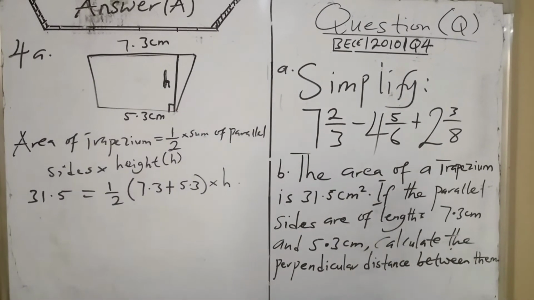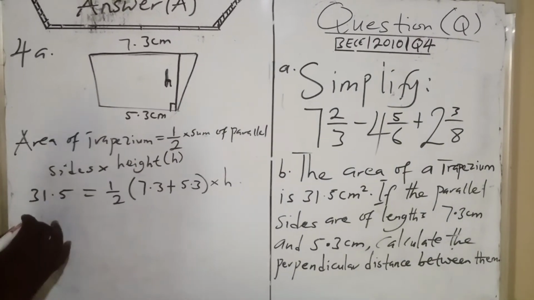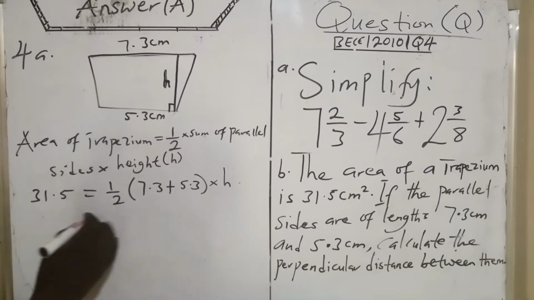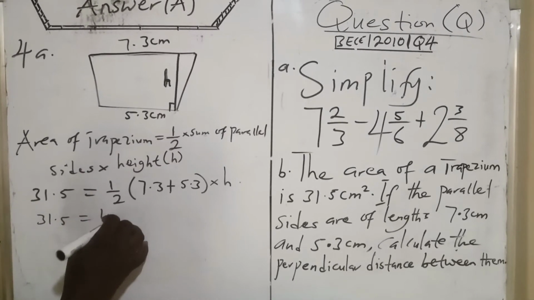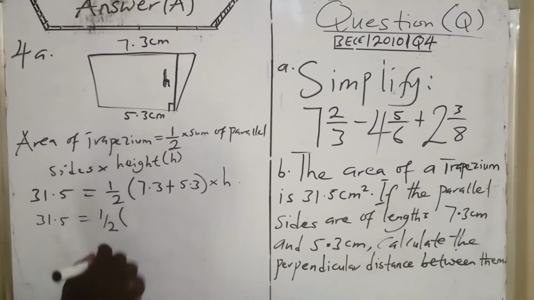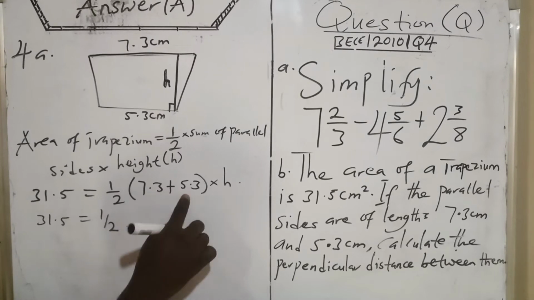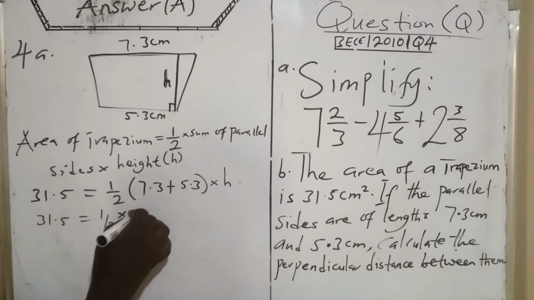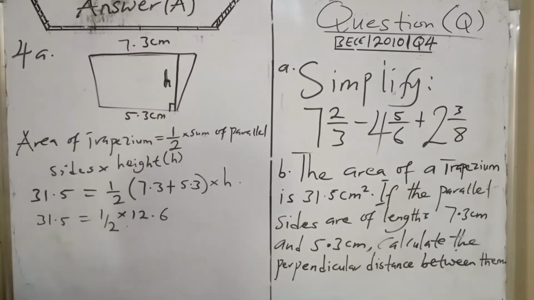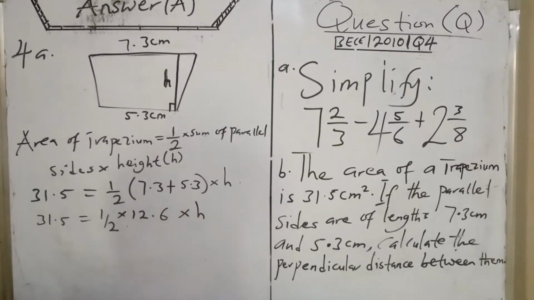So let's simplify this. We have 31.5 equal to half multiplied by the sum of the parallel sides. When we add 7.3 to 5.3, we get 12.6, and you multiply by the height.